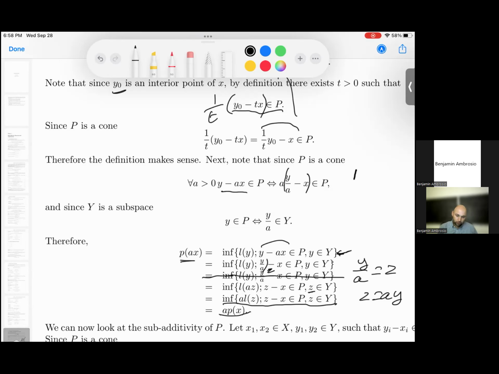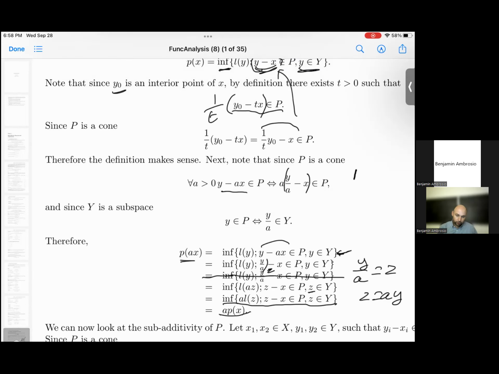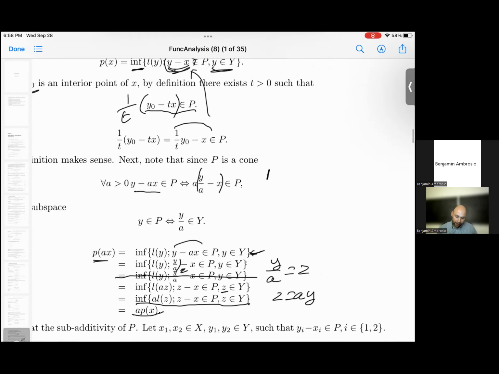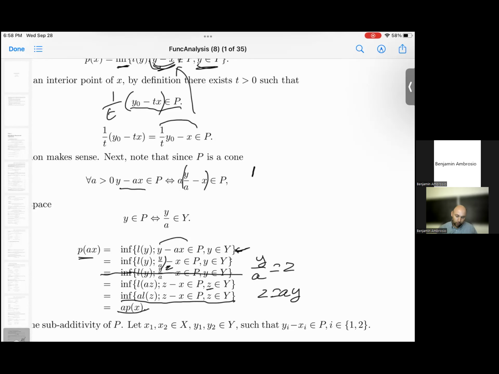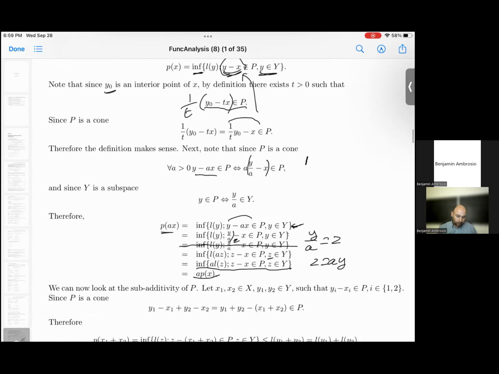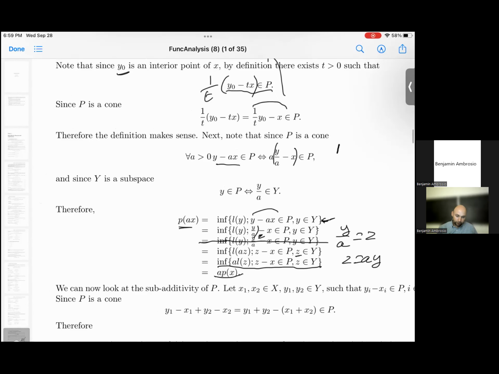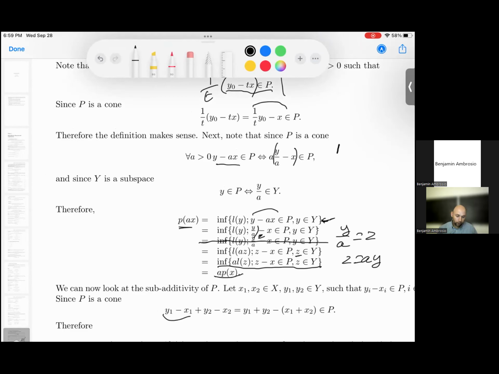So in order to look at the subadditivity, we choose x1, x2 belonging to our linear space, y1, y2 belonging to our subspace, and in such a way that yi minus xi, for both i equals 1 or 2, belongs to P. Now, since P is a cone, if both y1 minus x1 and y2 minus x2 belong to P, so does the sum of these terms, and I can regroup it like that.